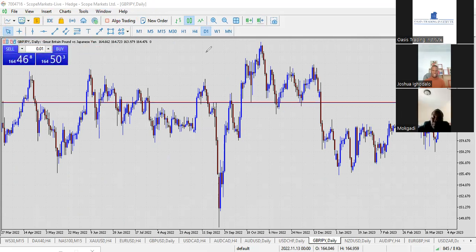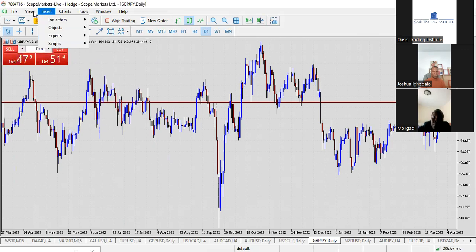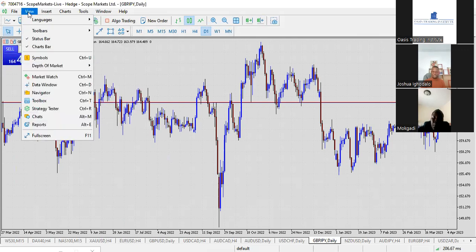Should you get to that place and you don't find any tools, sometimes you open your MT4 or MT5 and it's just open. You can simply come to Insert, click, and then go to Objects or Expert or Script, or you can go to View. The easy way is to go to View, click, and then come to Toolbars. Right now I've already done that. You click Standard, Line Studies, and Time Frame.